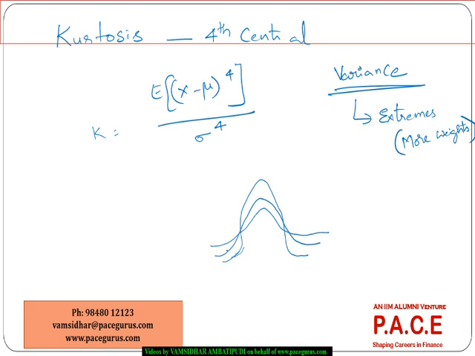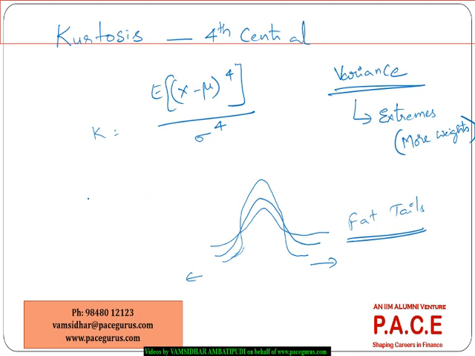So when the kurtosis is much higher, the points are moving away from the mean drastically, and that's the reason we call them fat tails. The tails are much fatter. That is what we mean by kurtosis levels being much higher. By the same logic, if the kurtosis is much lower, the tails are much thinner.